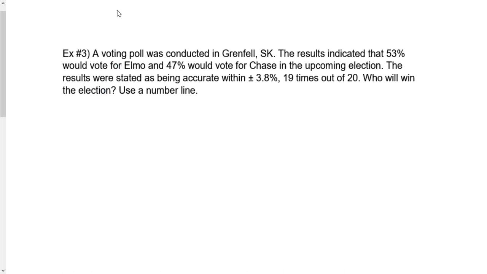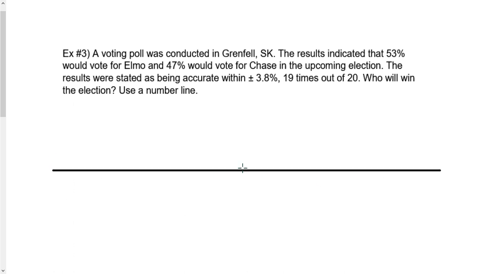We're going to use a number line. So it says that for Elmo, he should win 53% of the votes. But it's accurate to within 3.8%, so plus or minus 3.8.